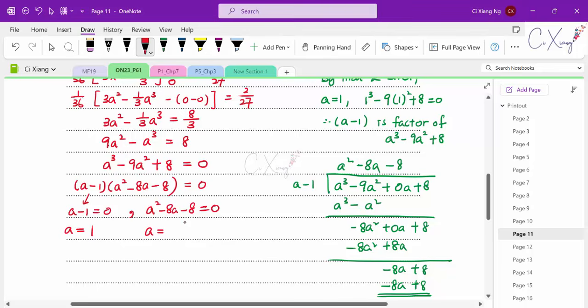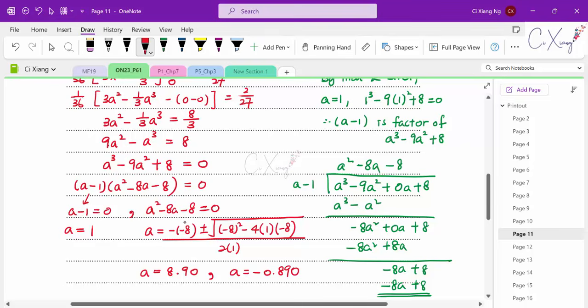So remember the quadratic formula, negative b plus minus the square root of b^2 - 4ac, divided by 2a. When I simplify, I have two values: one is a = 8.90, another is a = -0.890.